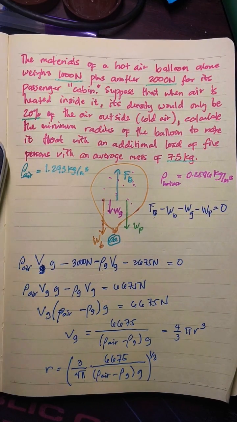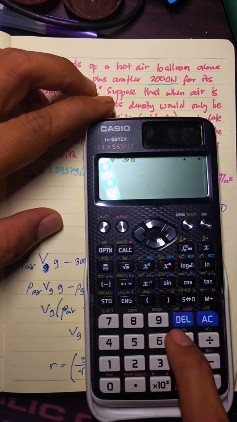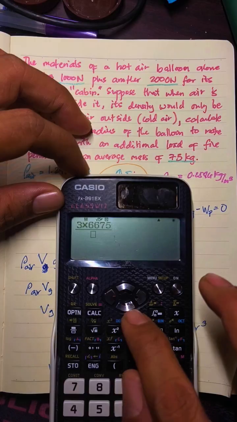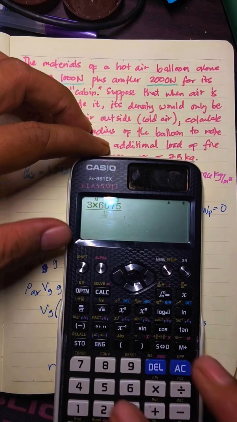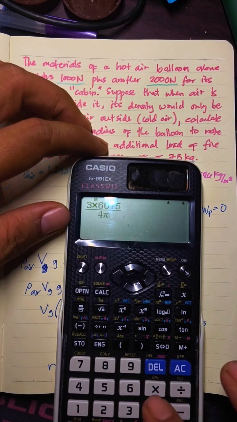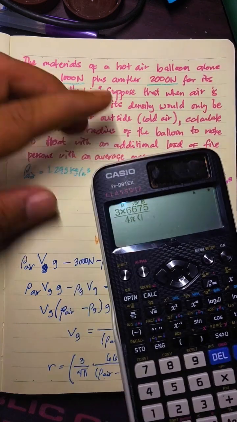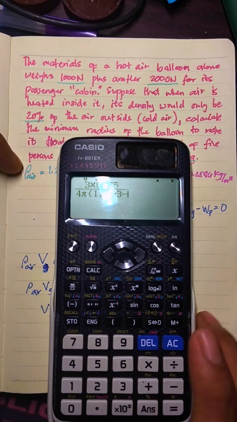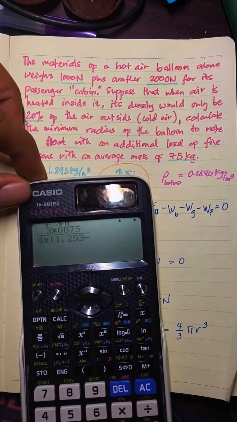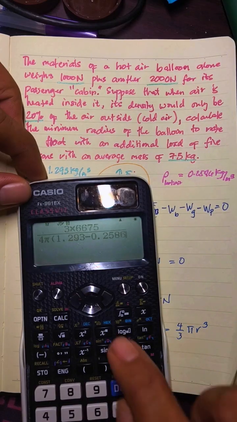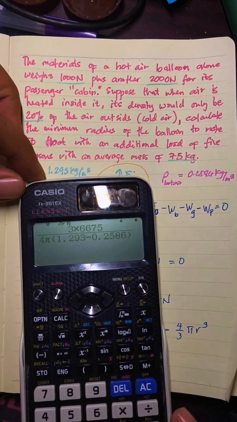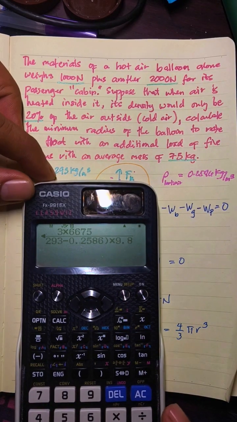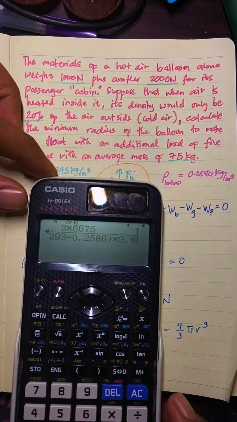So this will be in meters. 3 times 6675 over 4 times pi times the density of the air, which is 1.293, minus the density of the hot air, 0.2586, close parenthesis, times 9.8.